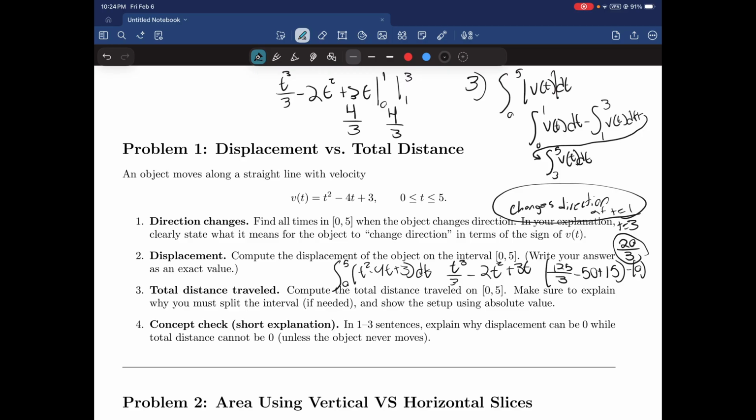And then let's plug in 5. 5 minus 3 in the equation.